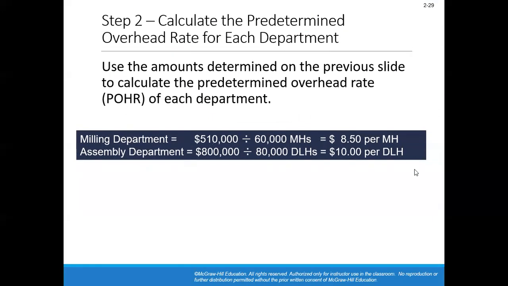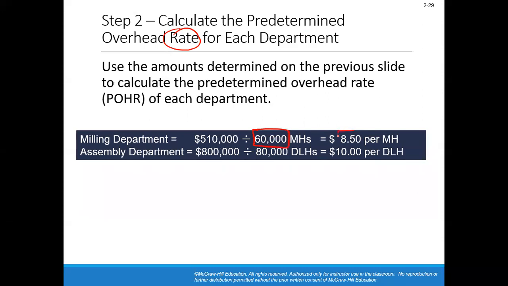In the second step, we need to determine the rate. How can you determine the rate? We divide the 510,000 total manufacturing overhead cost of the milling department by the number of machine hours.